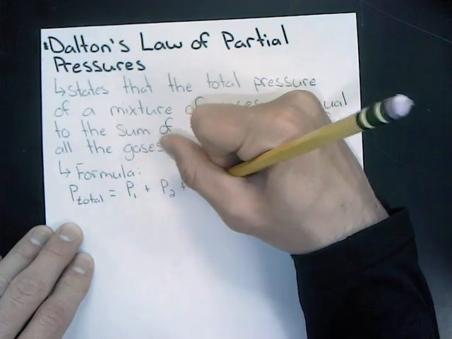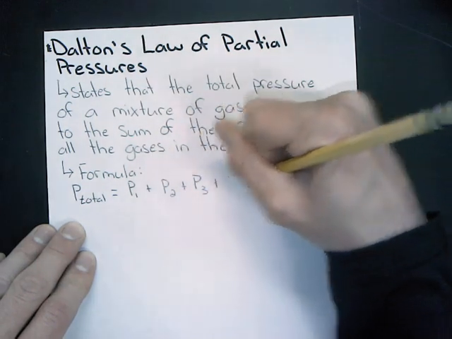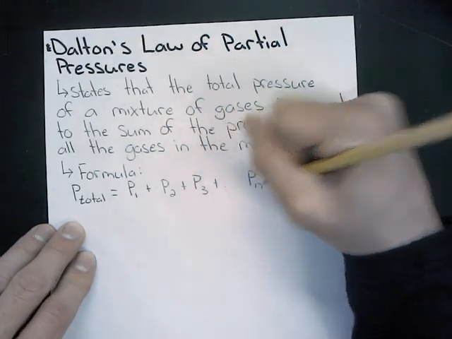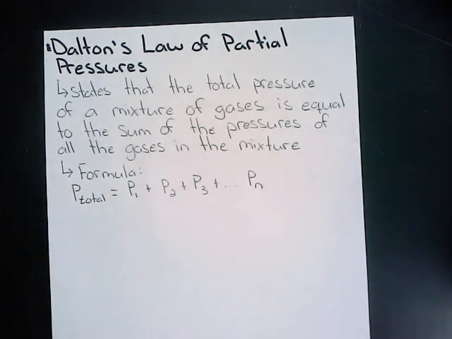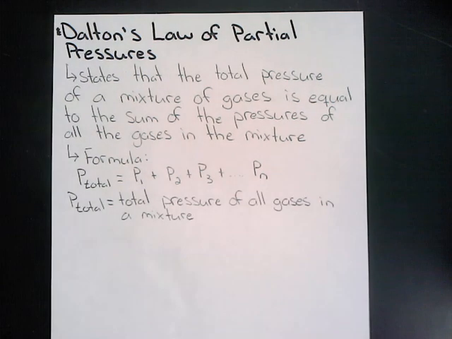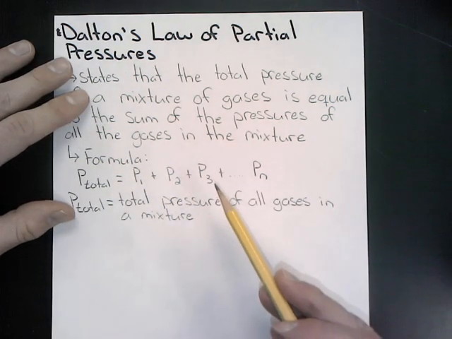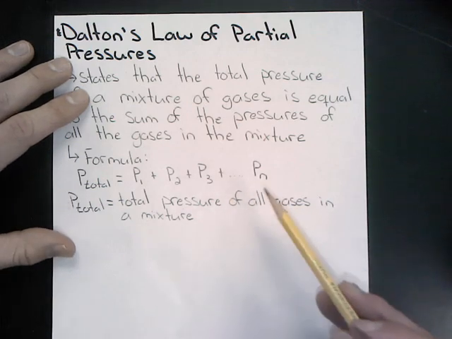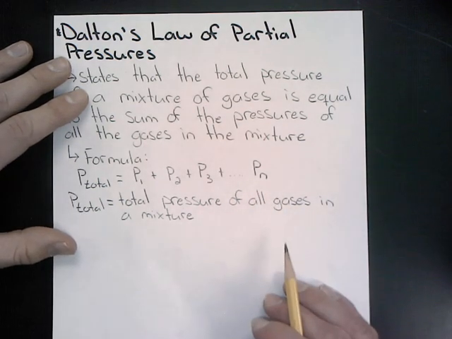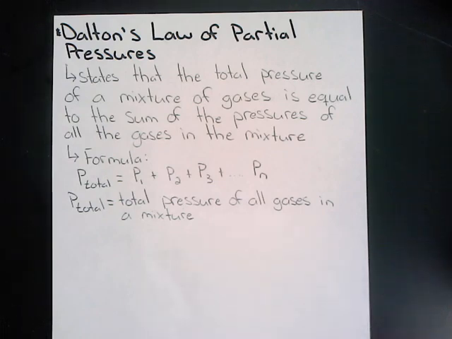So the total pressure is the total pressure of all of the gases in the mixture. And on the right, P1 plus P2 plus P3 plus Pn, which is the last gas, are the partial pressures of each gas in the mixture.